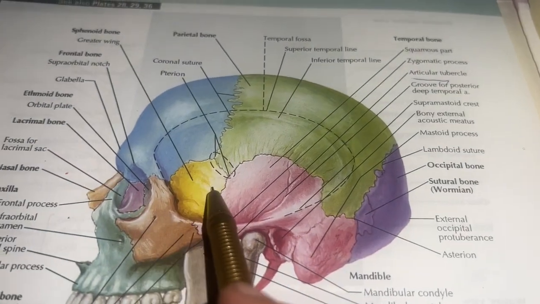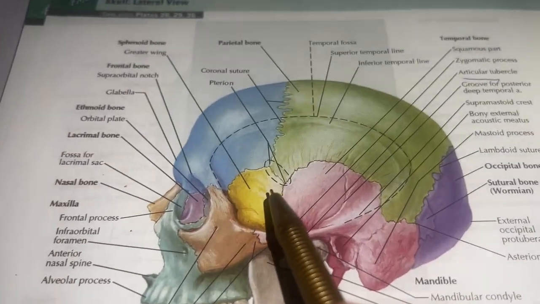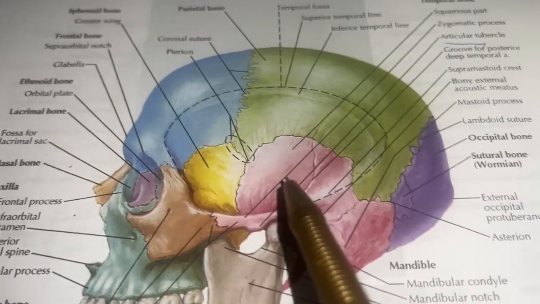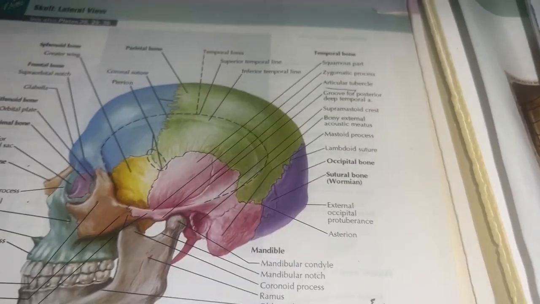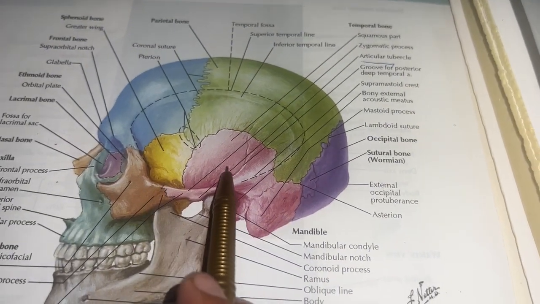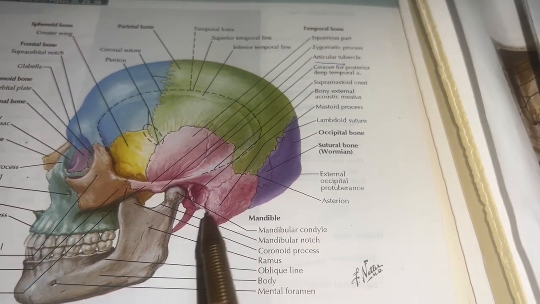Now this bone is called the greater wing of the sphenoid bone. This is the squamous part of the temporal bone, and this is the mastoid process of the temporal bone.